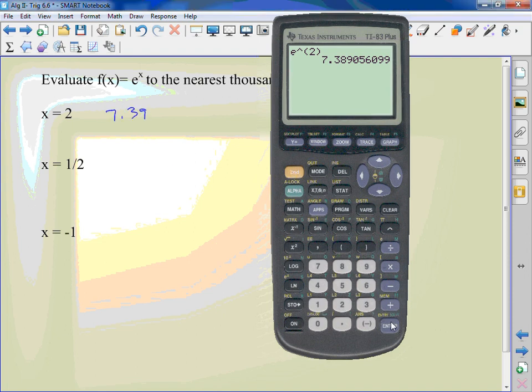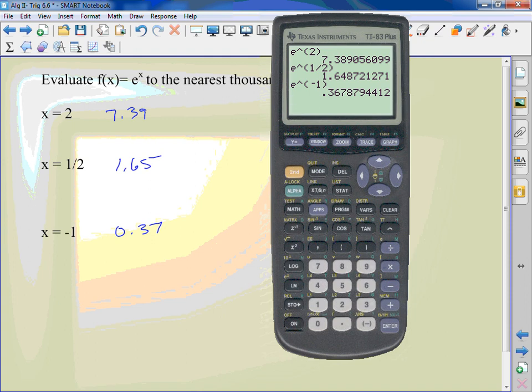E to the 1/2, close parenthesis, 1.65. And E to the -1, enter, I get 0.37. I know I only went out to hundredths. Questions? Oh yeah, I did say thousandths. Sorry.